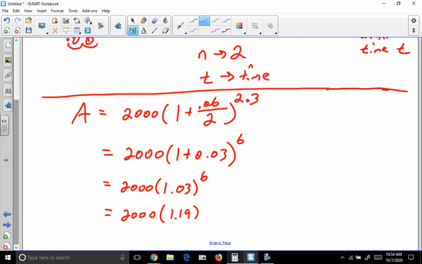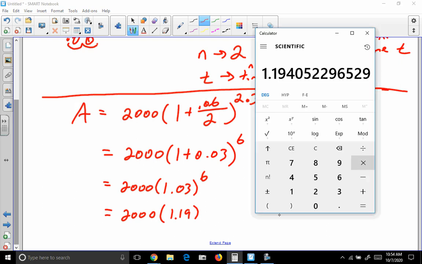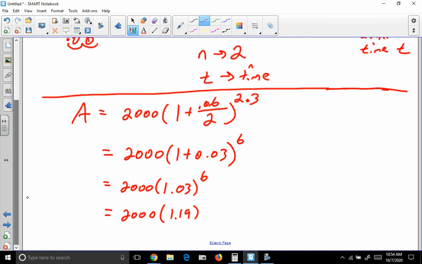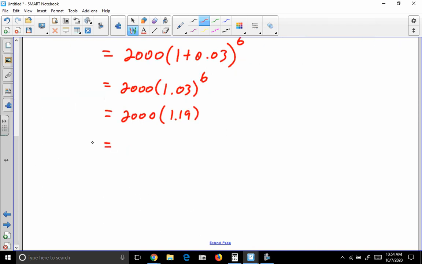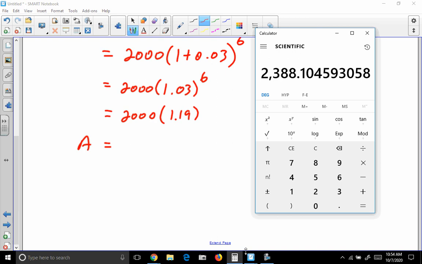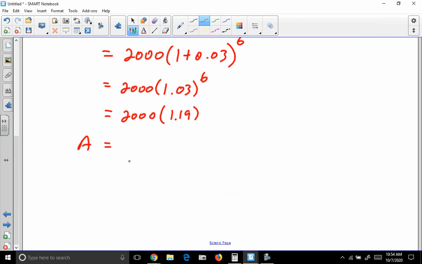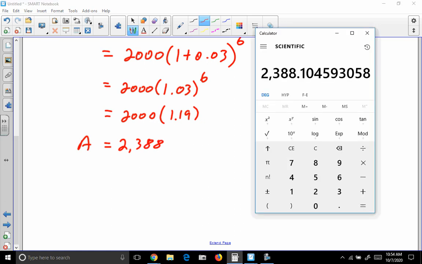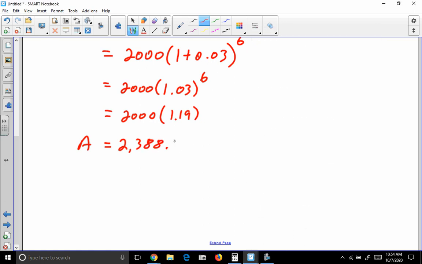But I'm going to take the whole value in my calculator and multiply that times 2,000. So our amount after 3 years at this interest rate compounded semi-annually is $2,388.10.